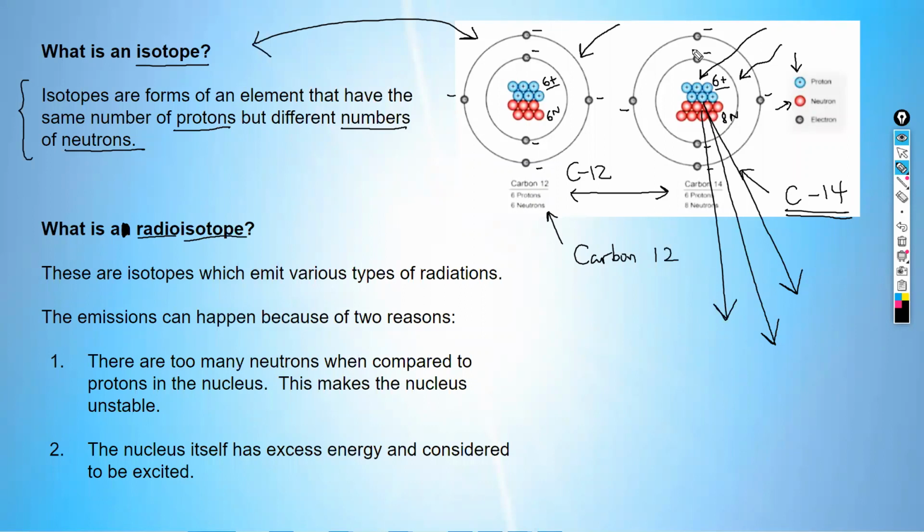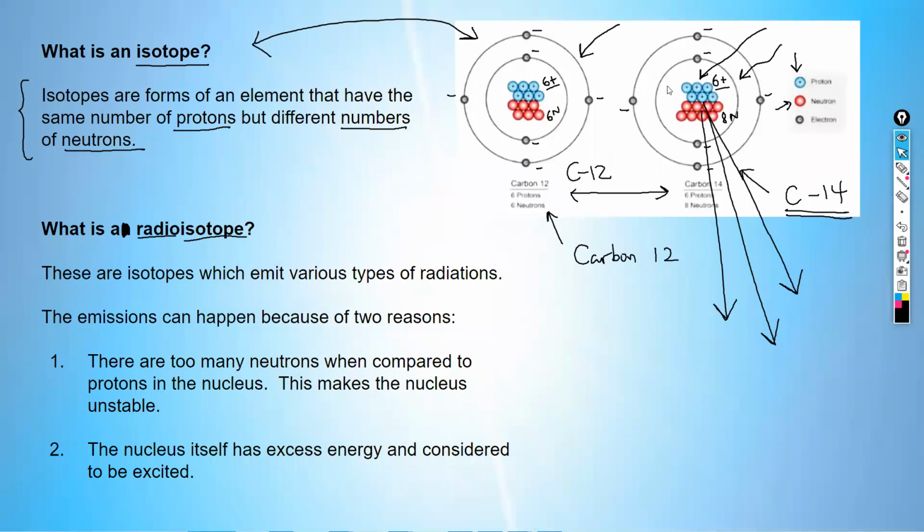Better. So that is the reason why some atoms shoot out radiation, why some atoms are considered to be radioactive. But you're probably asking, what made the atom sick in the first place?